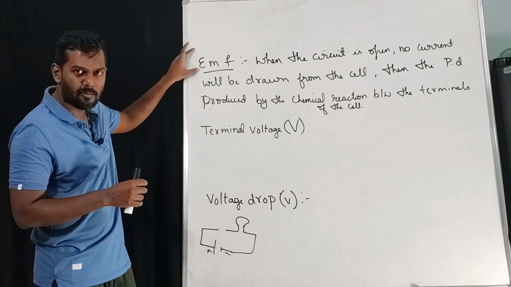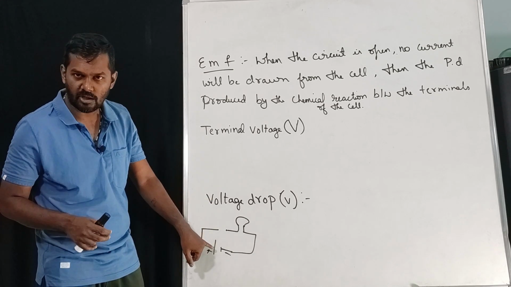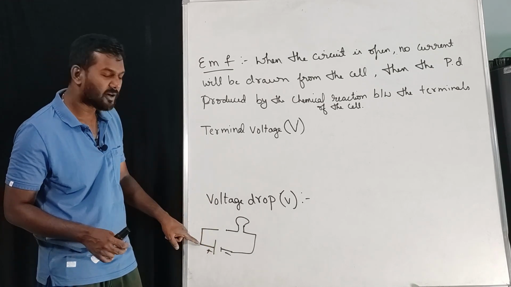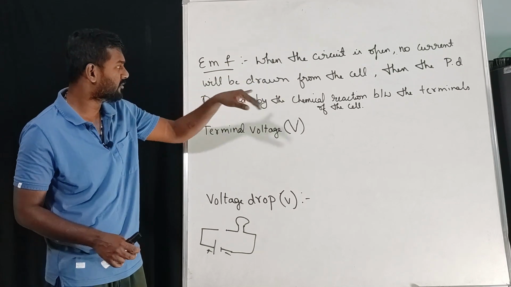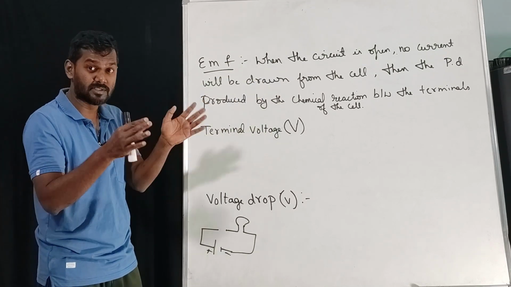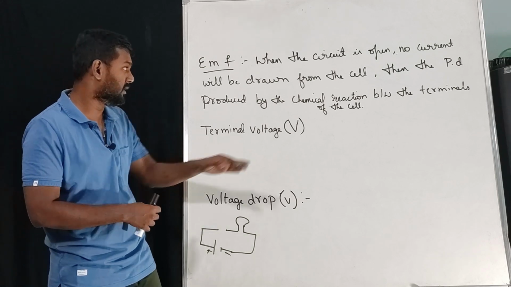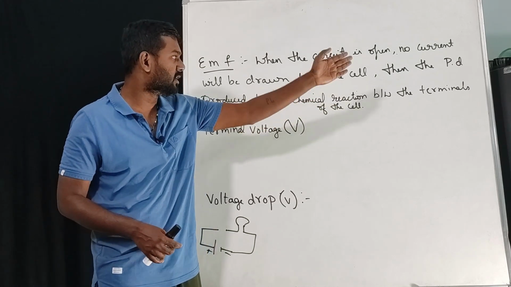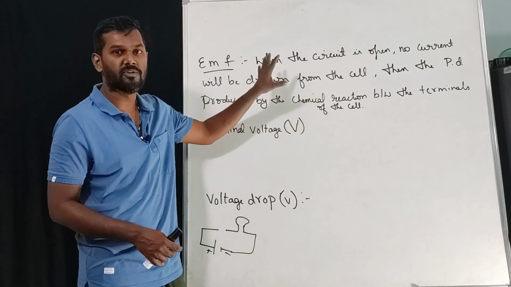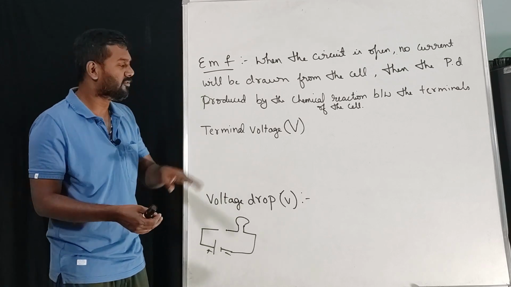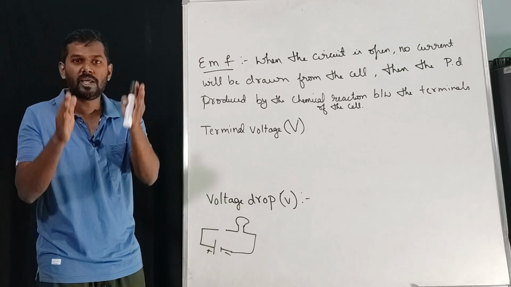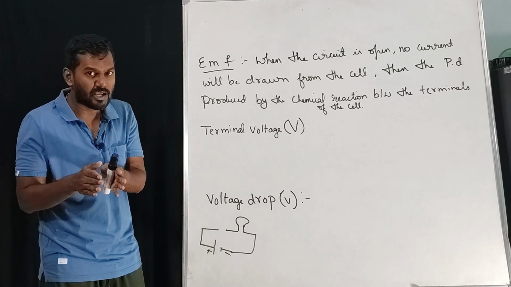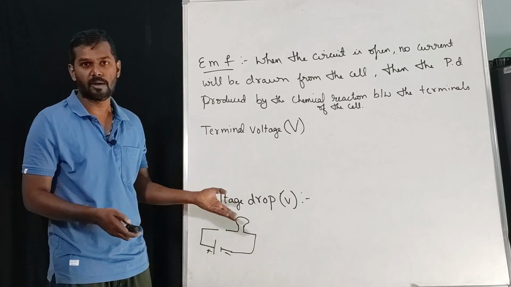Okay, EMF, how can we define it? When the circuit is open, no current will be drawn from the cell and the potential difference produced by the chemical reaction between the terminals of the cell. This is the definition of EMF. Actually, in a very simple way, the voltage in the battery is called EMF.